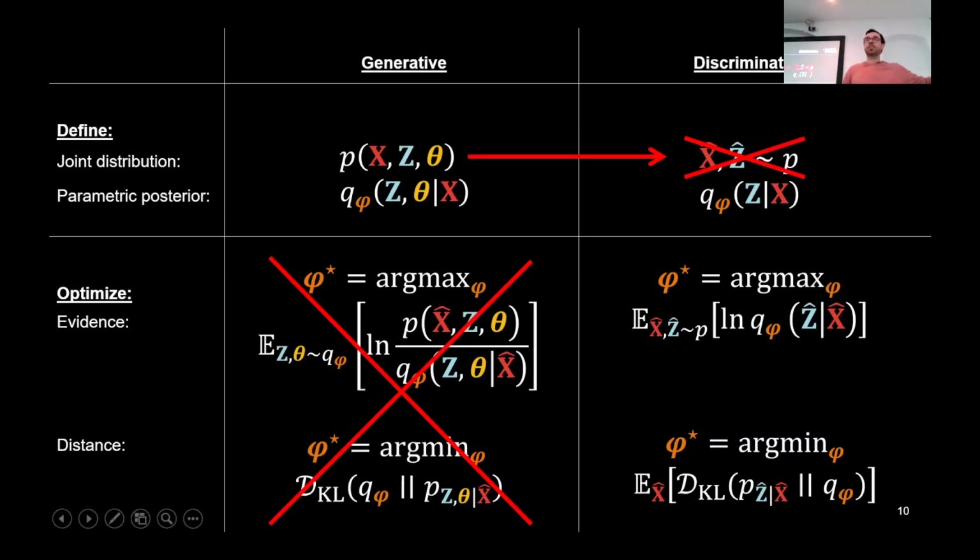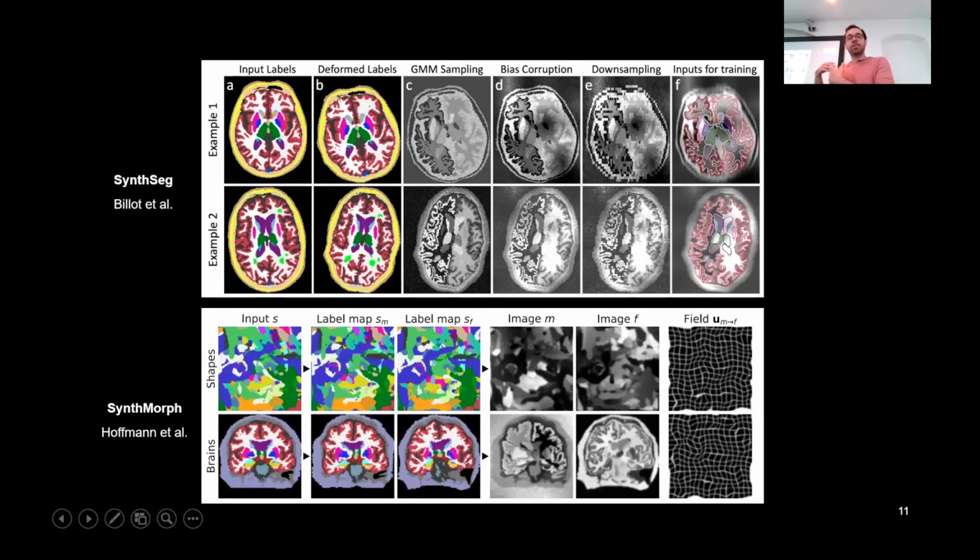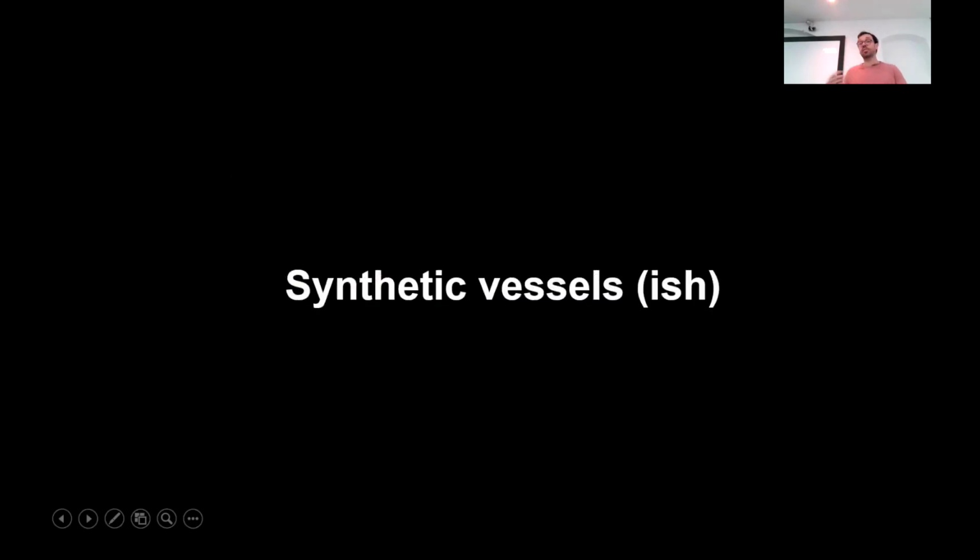We start with a generative model, and we use that to sample from, and then just train our discriminative model. And now we're back to minimizing the distance between this posterior and the model-based posterior. So we're back into a world where we know what we're optimizing for. And it's what's underlying things like SynthSeg and SynthMorph, which are those modern methods for image segmentation and image registration, for example. And so we want to do the same but with vessels.